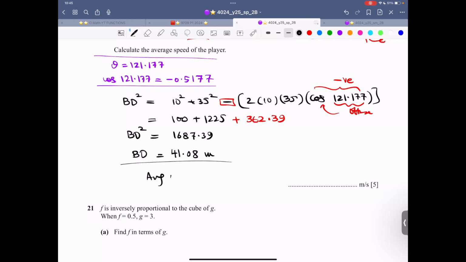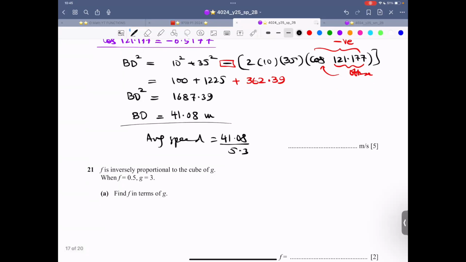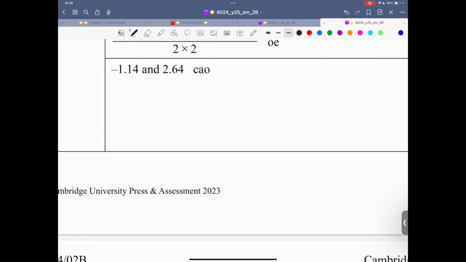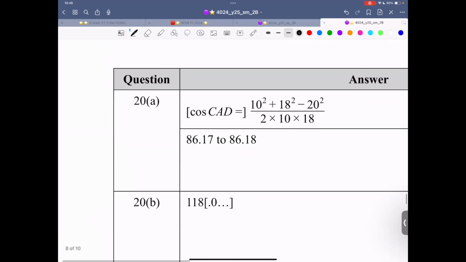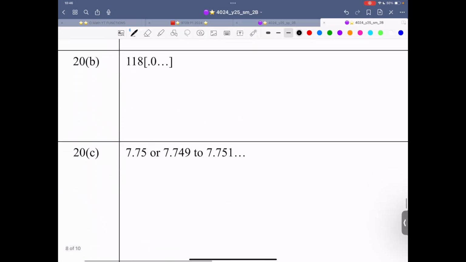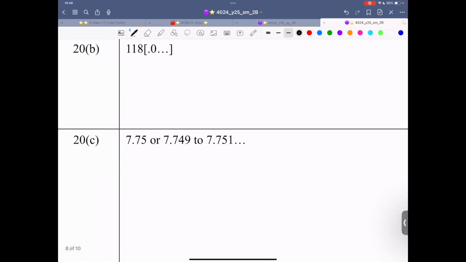Therefore, the average speed is 41.08 divided by 5.3. That is 7.751, so 7.75 meters per second. So over here, there is the answer. The first one is the most exact, and that's the answer.